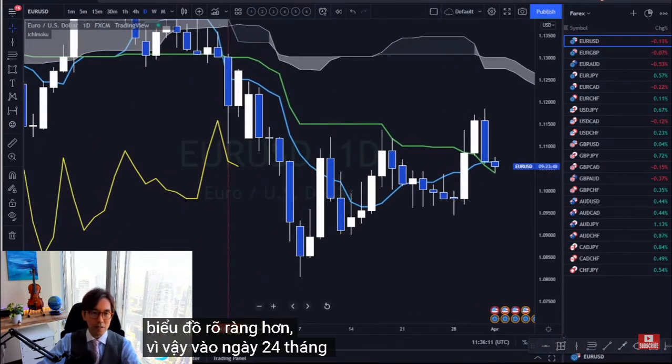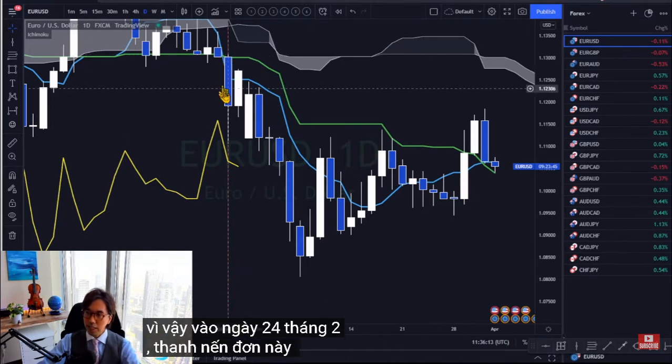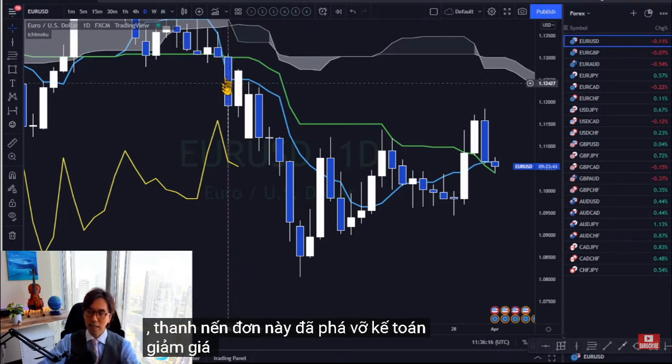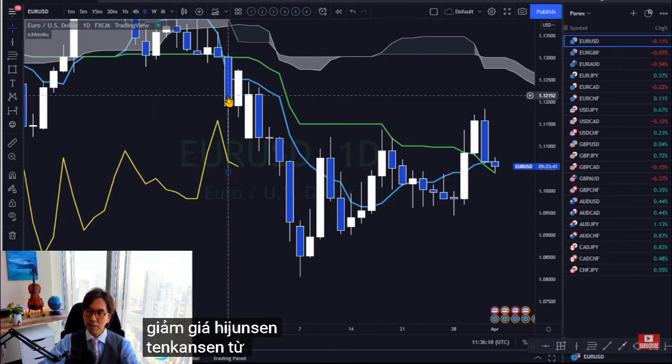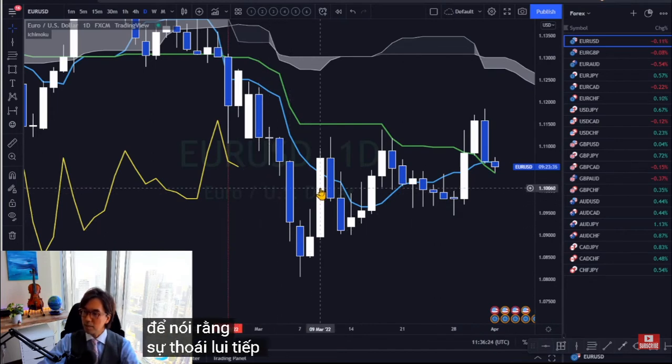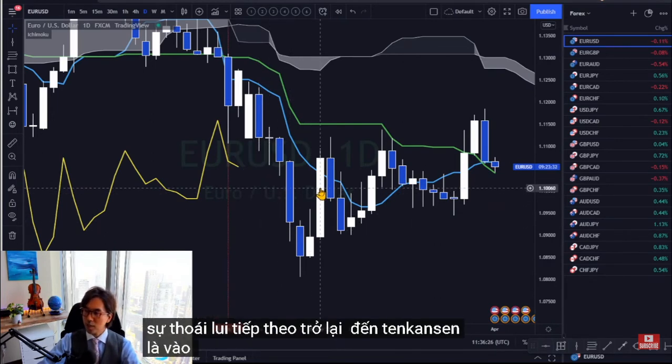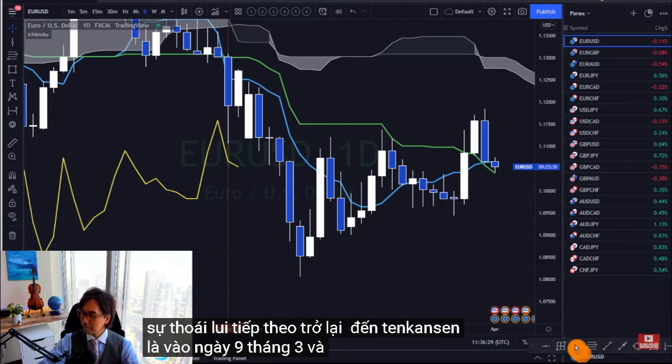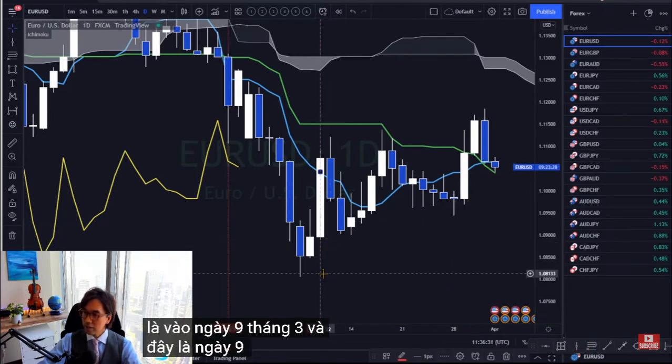So on the 24th of February, this single candlestick broke the Kijun-sen, Tenkan-sen bearish. So counting from here, the next retracement back to Tenkan-sen was on the 9th of March.